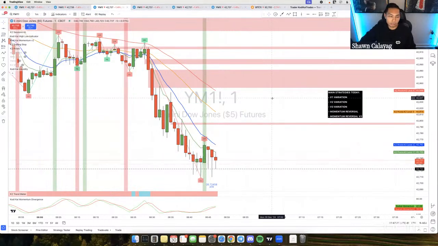Entry would be right here at the 723. I'll put a pending order right there for a sell limit if this candle closes inside. If it pushes up any higher, then no. But if it closes inside, I'll be putting my pending order right there. You'll see it on my chart.